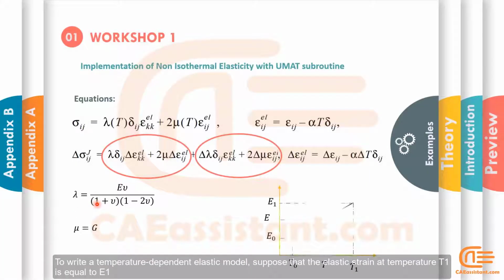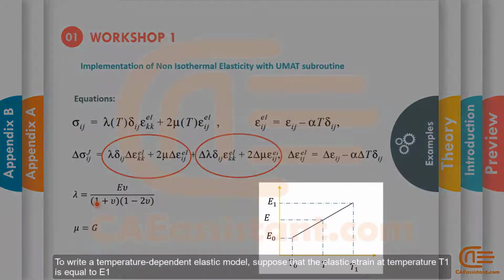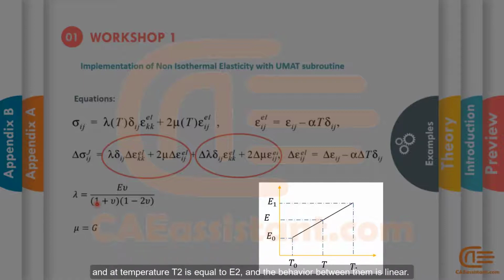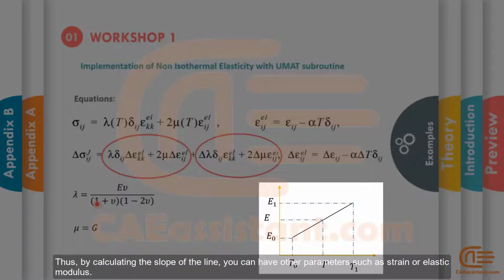To write a temperature-dependent elastic model, suppose that the elastic strain at temperature T1 is equal to E1, and at temperature T2 is equal to E2, and the behavior between them is linear. Thus, by calculating the slope of the line, you can have other parameters such as strain or elastic modulus.